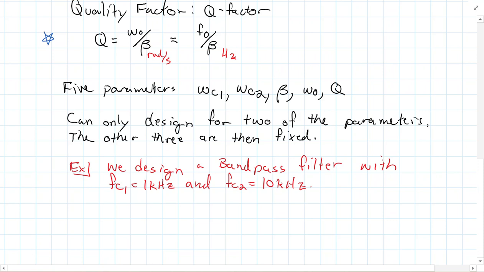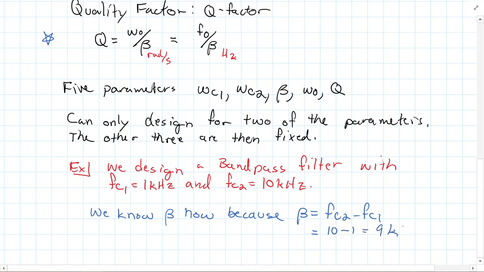We've just designed the filter, and of course we have to talk about that in another lesson. But once we have that, we know beta now, bandwidth, because beta is simply FC2 minus FC1, which would be, in this case, equal to 10 minus 1, which is 9 kilohertz. So my bandwidth is fixed at this point.